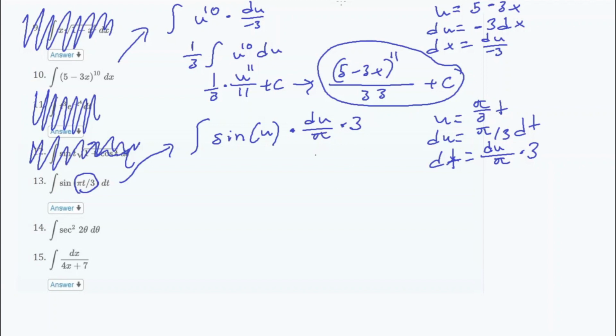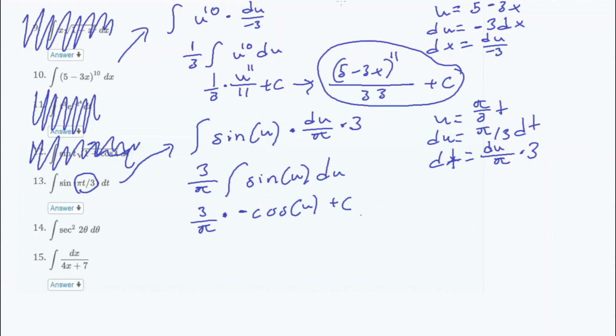So 3 over pi is a constant because pi is a constant number. It's one number. So we could bring 3 over pi to the outside, and we're going to have the integral of sine u du. And now we just find the antiderivative. So the antiderivative of sine is going to be negative cosine u plus c, multiplied by 3 over pi.